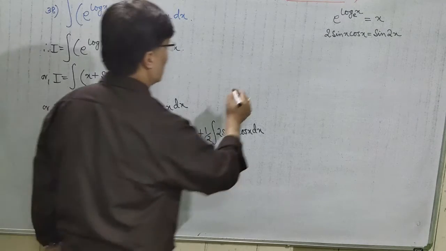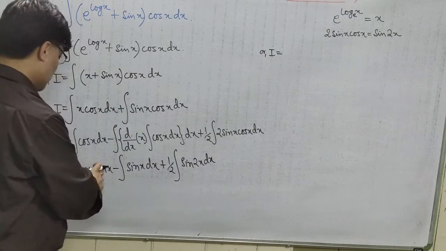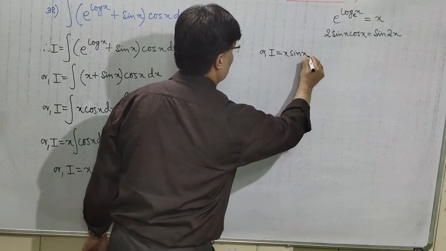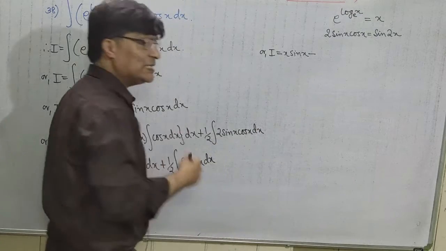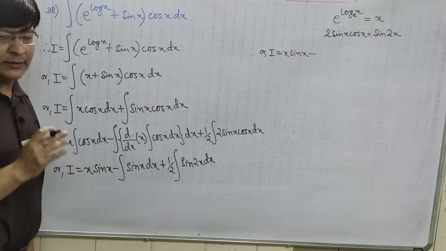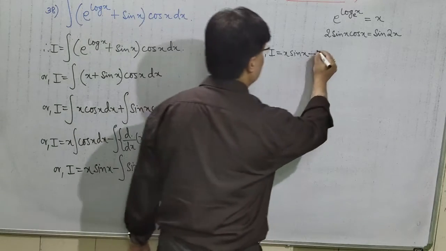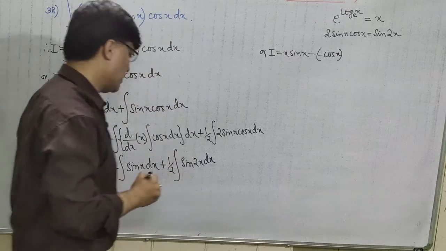Okay, so now I is equal to x sin x, kept as it is, minus, what is the integration of sin x? That means differentiation of which function is sin x? Minus cos x. So this is minus cos x, right?